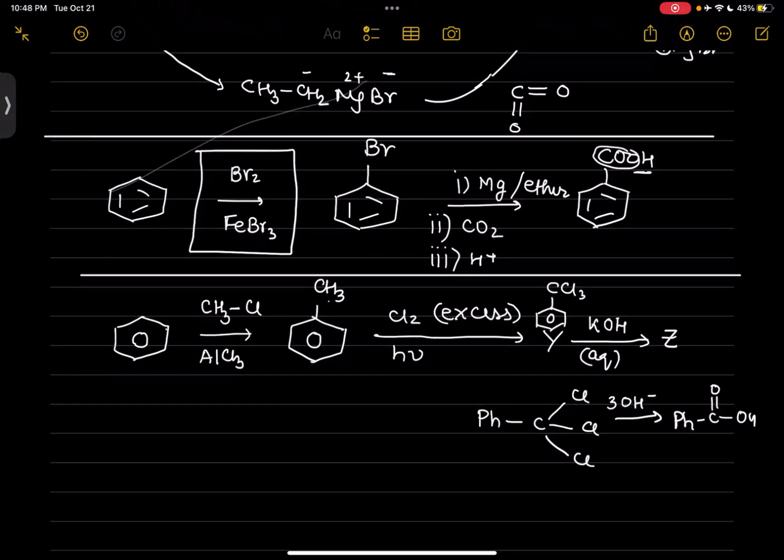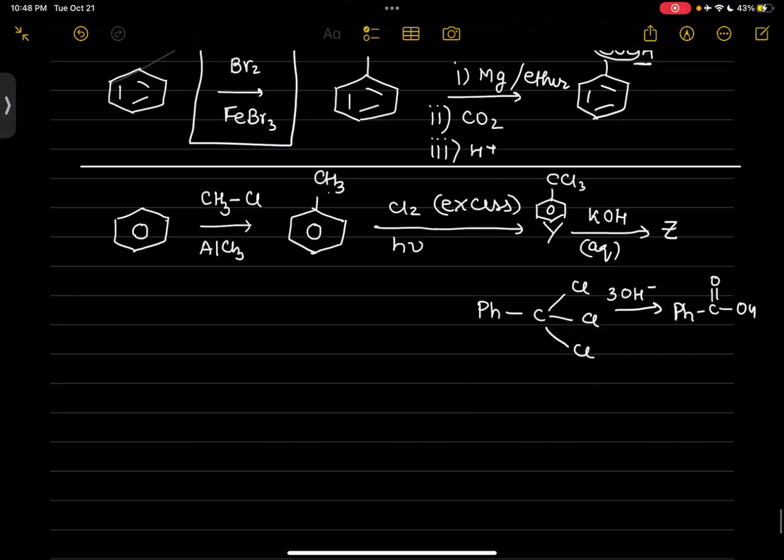There is also one direct method of preparation of aromatic carboxylic acids.